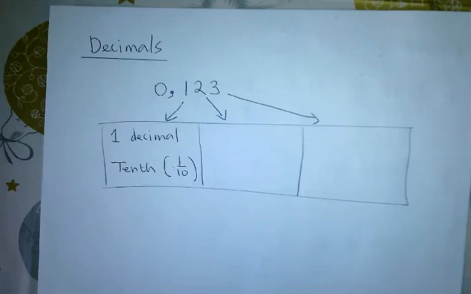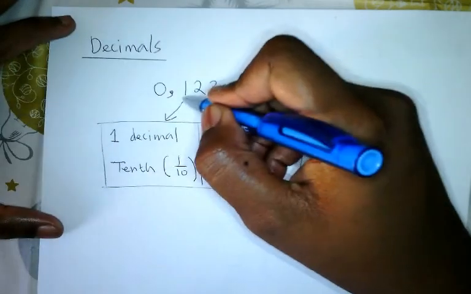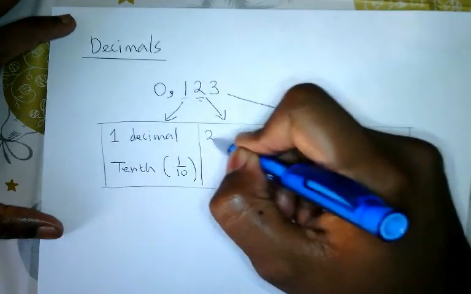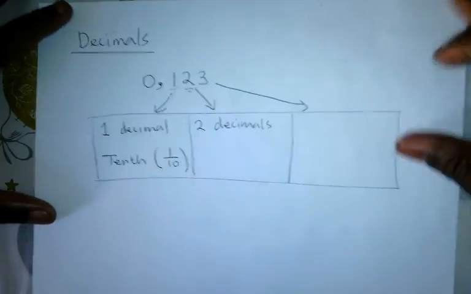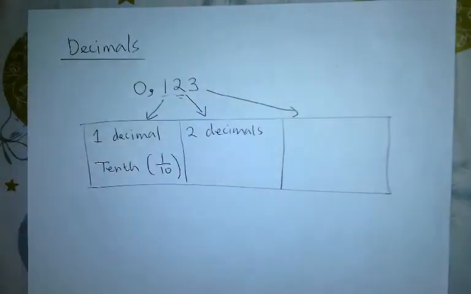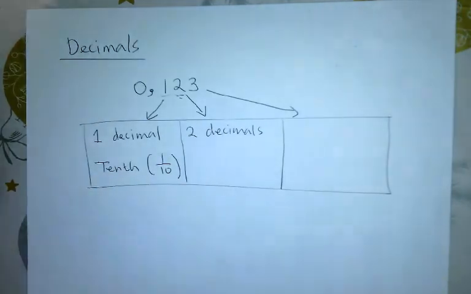And then how many decimals are here now? 2. So they can either say round off to 2 decimal places or round off to a what, guys? 100th.